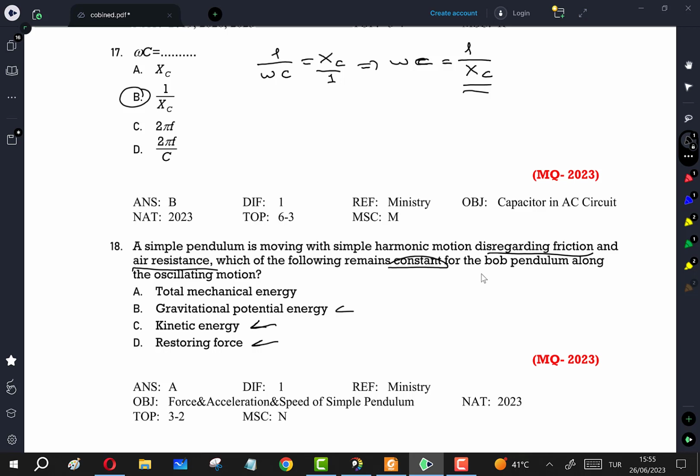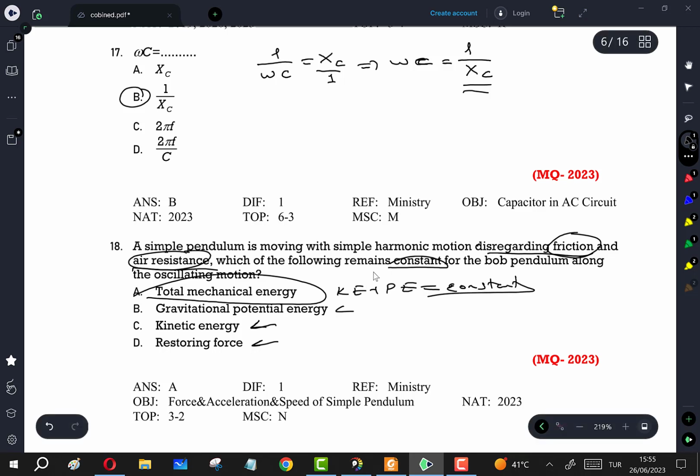Restoring force changes according to theta amplitude. But total mechanical energy stays unchanged if we disregard friction and air resistance effect. If you neglect the friction and air resistance, total mechanical energy, which is the sum of kinetic energy and potential energy, stays constant. So A is the correct answer.